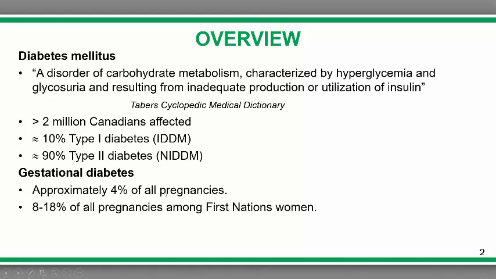And this prevalence is actually quite a bit higher, in the range of 8 to 18%, among First Nations women who, based upon the statistics, are predisposed to a greater extent at developing diabetes as a result of pregnancy. And we'll address type 1, type 2, and gestational in this unit.